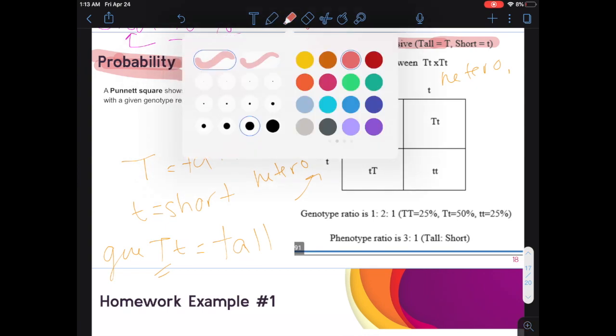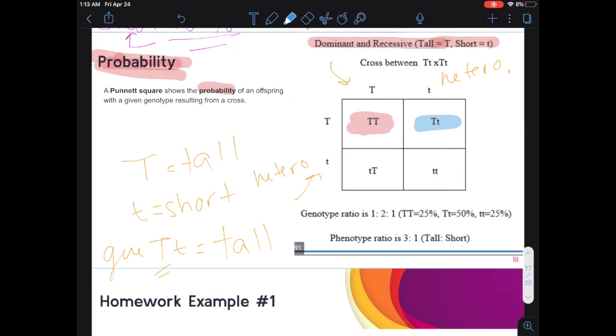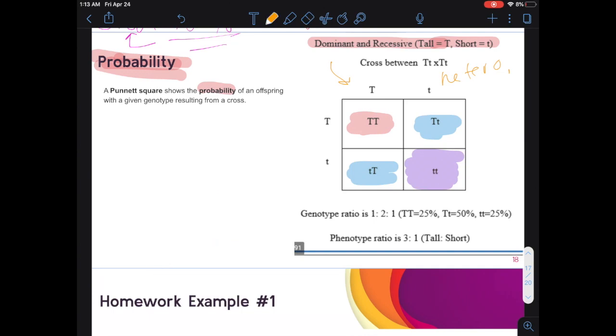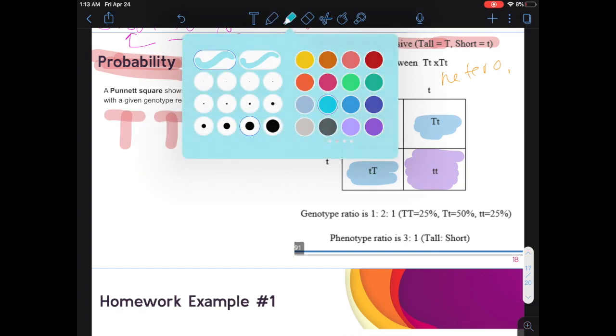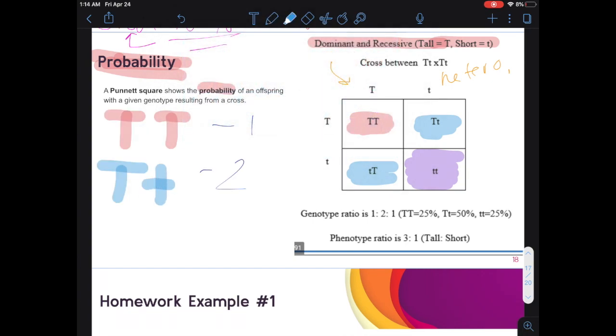So if we do this cross, and I'll do them in different colors, well, we have 3 different possibilities. So then we would look at the probability, the percentage, and the ratio. 1 offspring had TT, 2 offspring had big T, little t, and 1 offspring had little t, little t. So what is the genotype percentage?